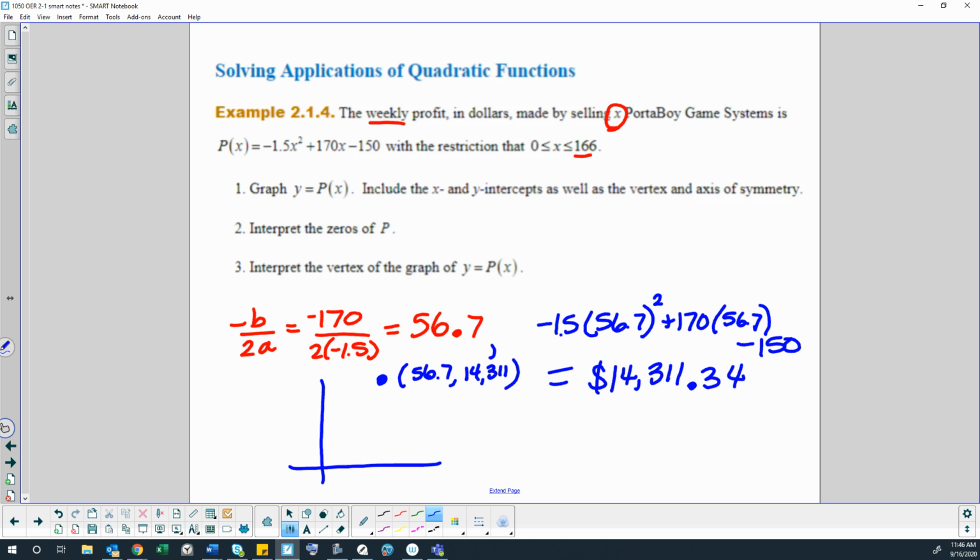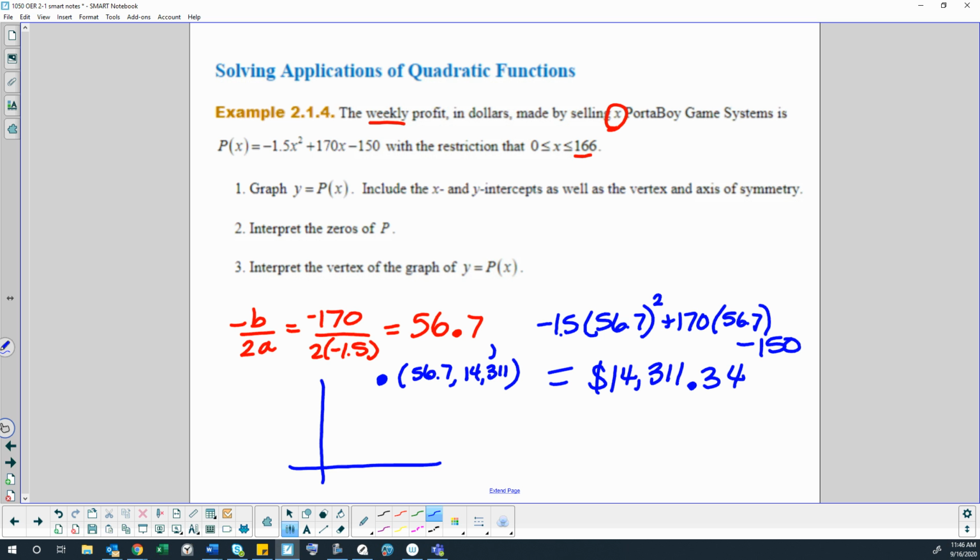Now, what did you notice about our parabola? Is it going to open upward or downward? We probably should talk about that first. What's the sign of the a value? It is negative.